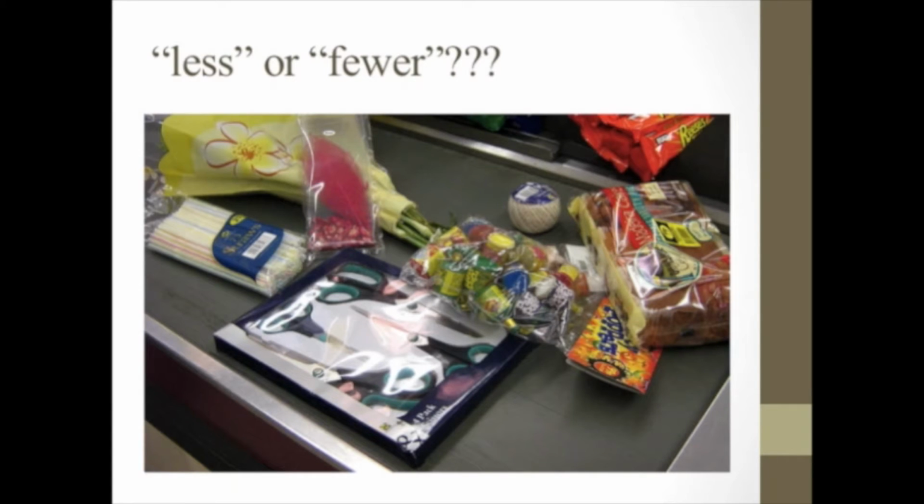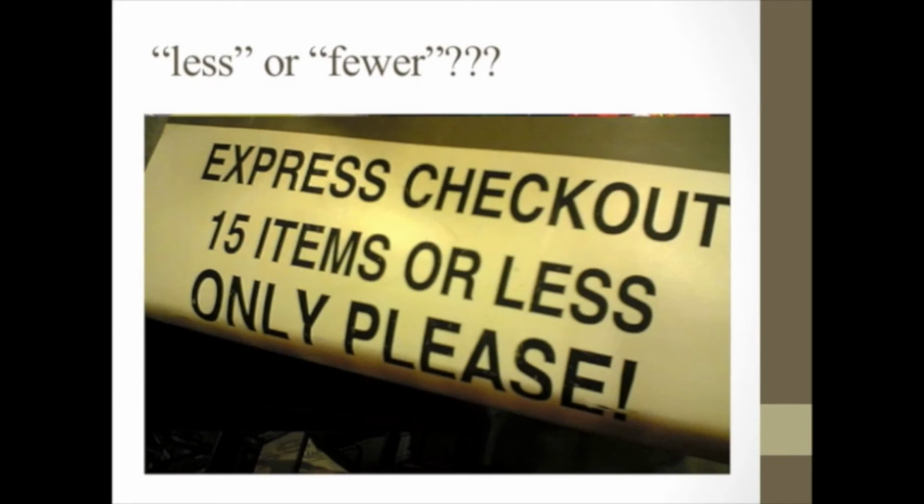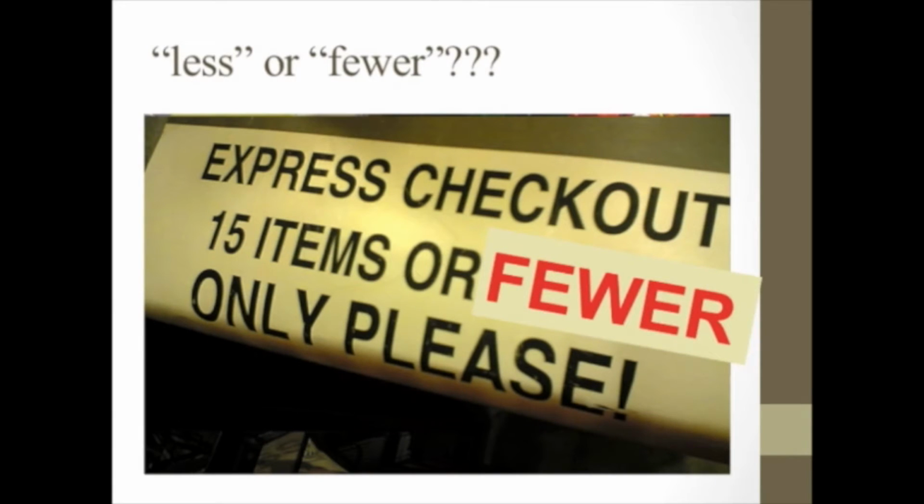We have also seen some of the rules regarding quantifiers and determiners before the countable and uncountable nouns. Typically, we would say fewer items and less water, which is an uncountable noun. This only shows that everyone has some confusion about these categories.